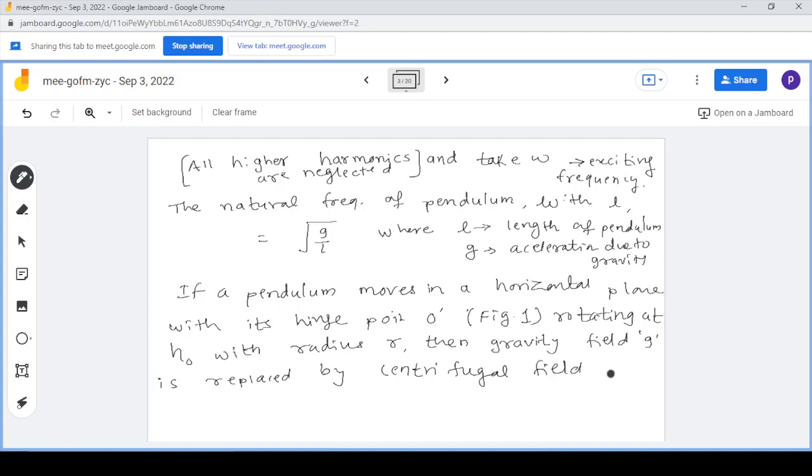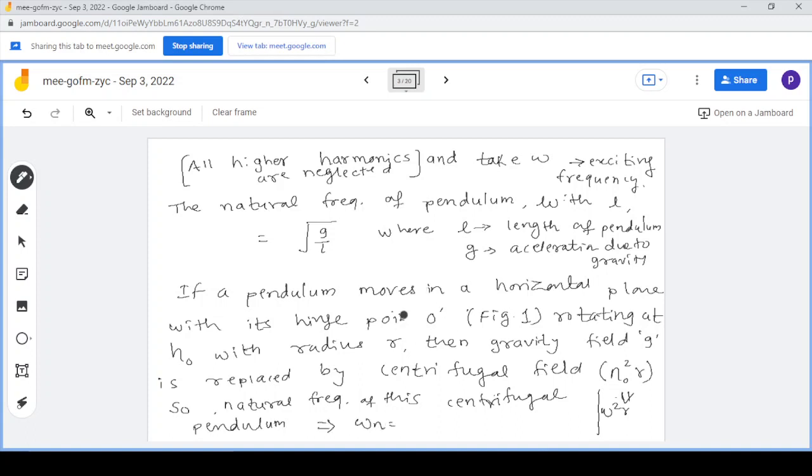Now what is the magnitude of the centrifugal field in this case? n0 square r. So it is very much similar to the formula of the centrifugal force that we have earlier studied, omega square r, right? So in this case, the natural frequency of this centrifugal pendulum can be obtained as omega n equals, now this g needs to be replaced.